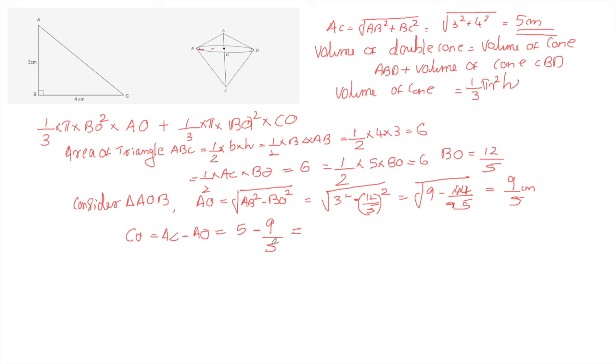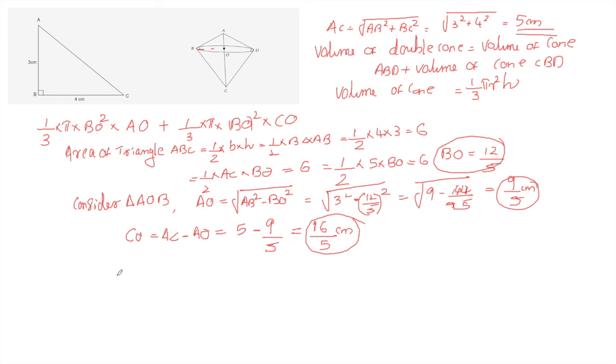After solving this we will get 16 by 5 centimeter. So now we got BO, AO, CO. We can substitute in the formula 1 by 3 pi r square h for the cones.